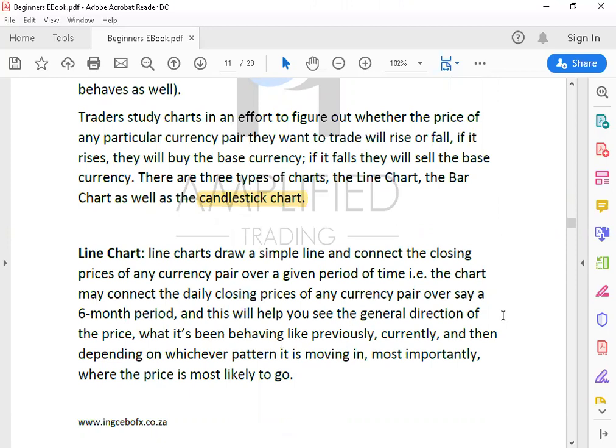Now the line chart draws a simple line of the closing prices of any currency over a period of time. The line may connect the daily closes of any currency over, let's say, a 6-month period. So it's going to be a very simple looking line when you're actually looking at it. But it's going to be prices.